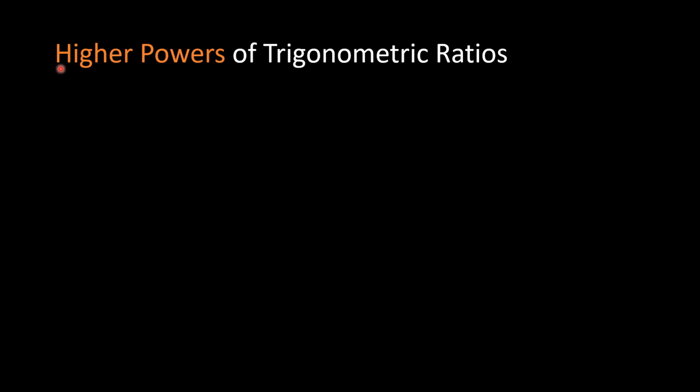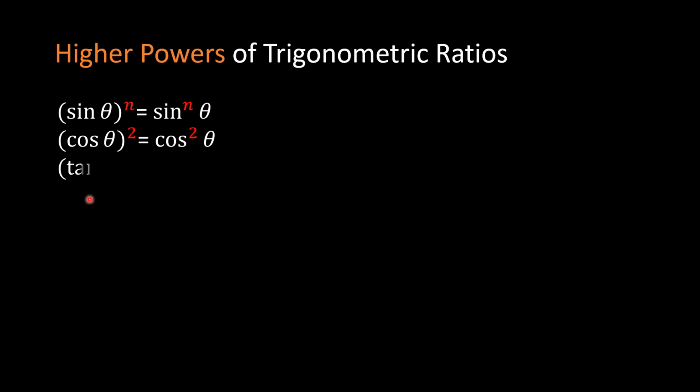Let us understand how to write higher powers of trigonometric ratios. Sin theta whole to the power n is written as sin to the power n theta. Cos theta whole to the power 2 is written as cos square theta. Tan theta whole to the power 3 is written as tan cube theta.